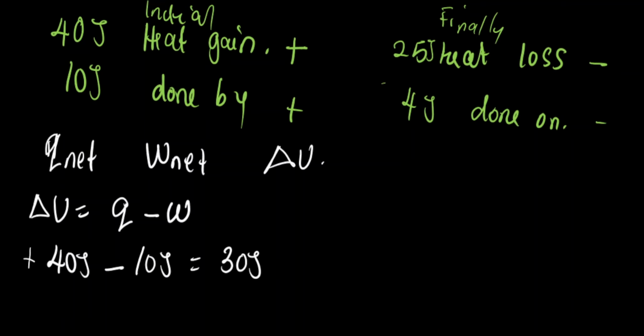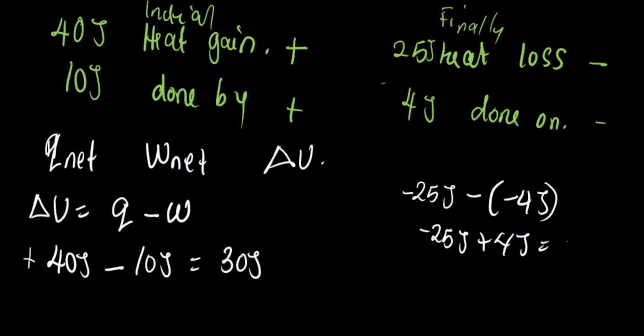Then for the second process, we would have negative 25 joules minus negative 4 joules. So this would give us negative 25 joules plus 4 joules, which is negative 21 joules.